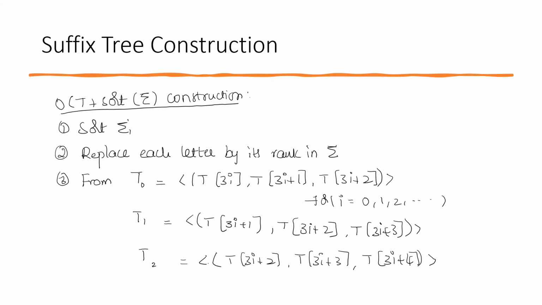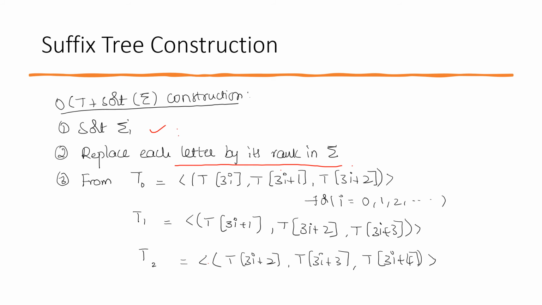Since it is a small alphabet, I'm taking it to be a constant, and I can do this in linear time using radix sort or something like that. First I'm sorting the alphabet, and then I'm replacing each letter by its rank, its index in sorted order. This is the second step.